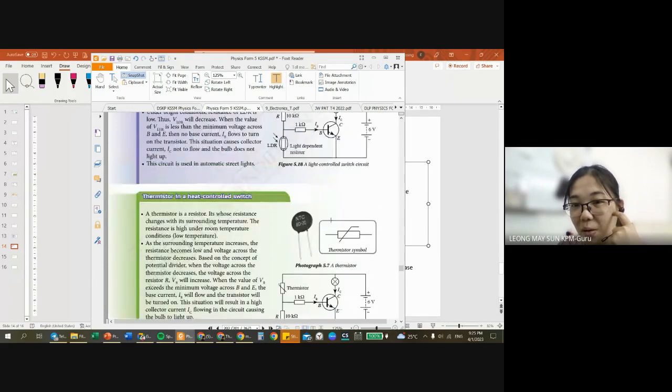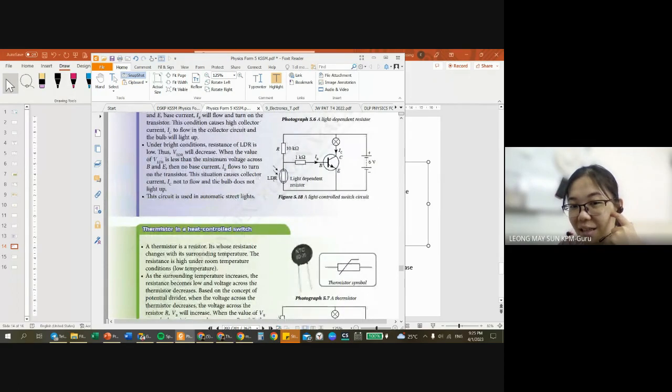The most important thing is to recognize the symbol of LDR and thermistor. Then, under what condition does the resistance change? Light dependent resistor: nighttime, low intensity of light, high resistance. Daytime, high intensity of light, low resistance.